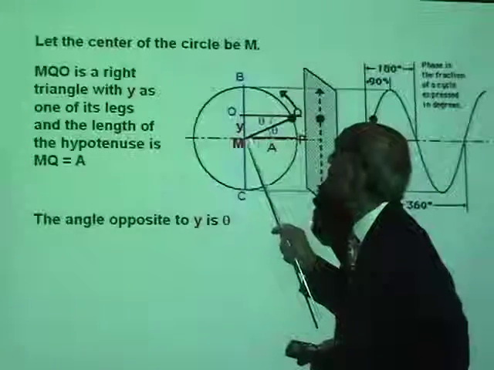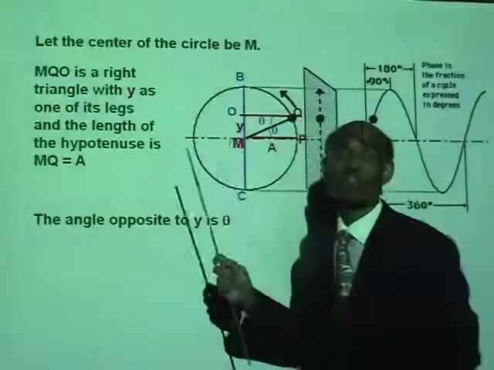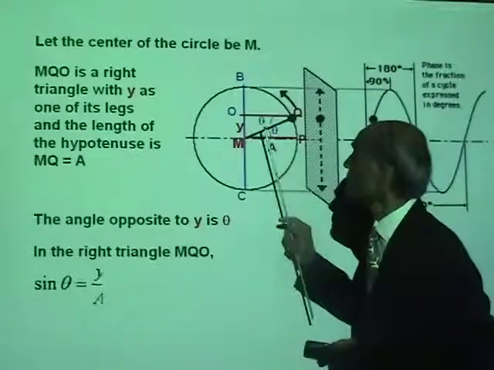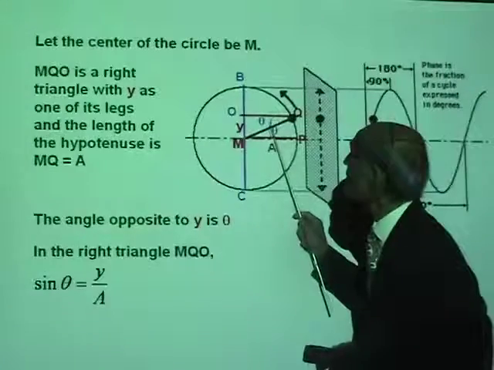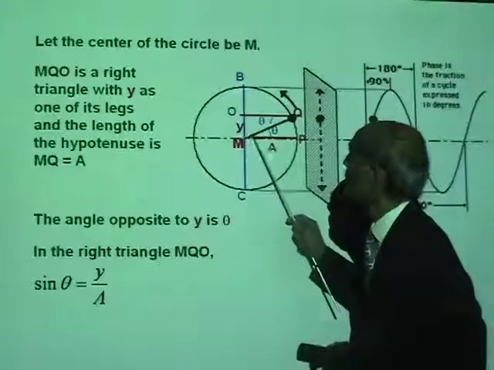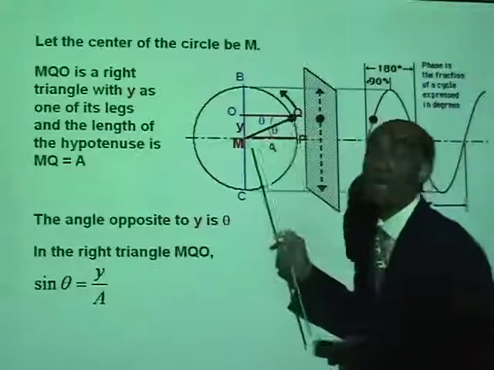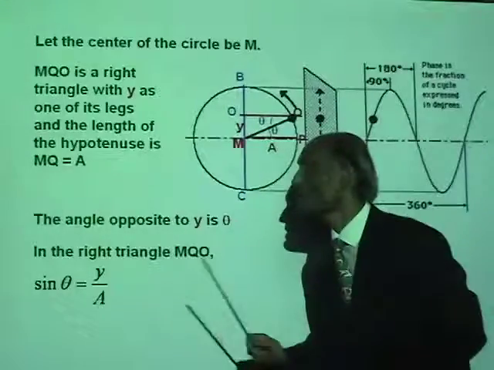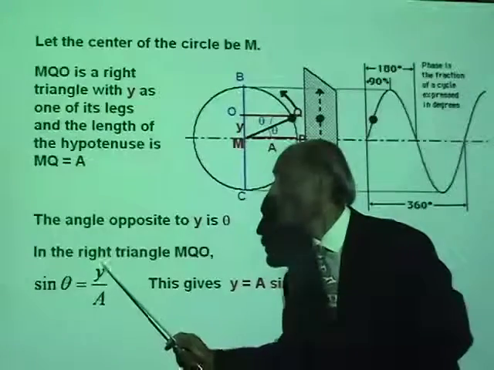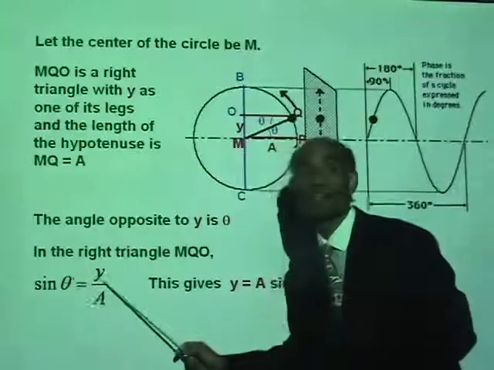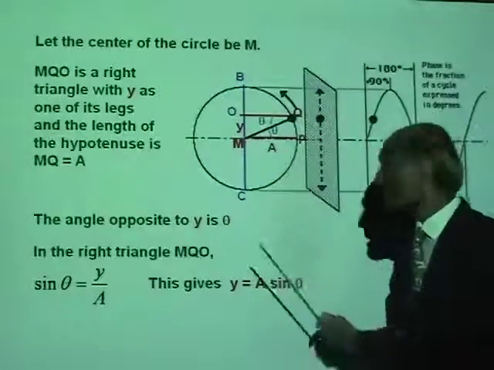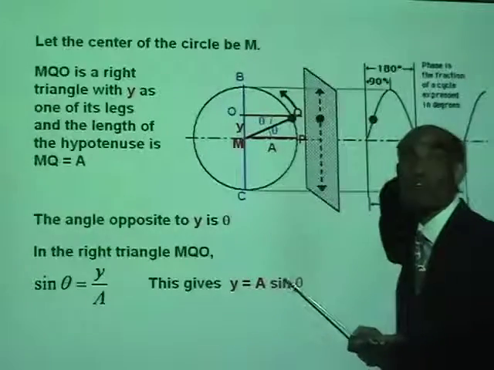Remember, the length of the hypotenuse is A. In the right triangle MQO, sine theta, look at this, sine theta is opposite side divided by hypotenuse, which is y divided by A. Sine theta equals y divided by A, and therefore solve for y from there, multiply both sides by A, you get y equals A sine theta. That means y is a sine function.